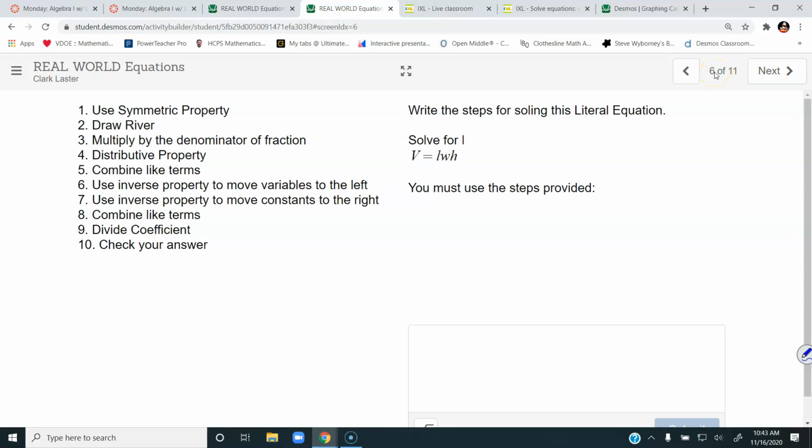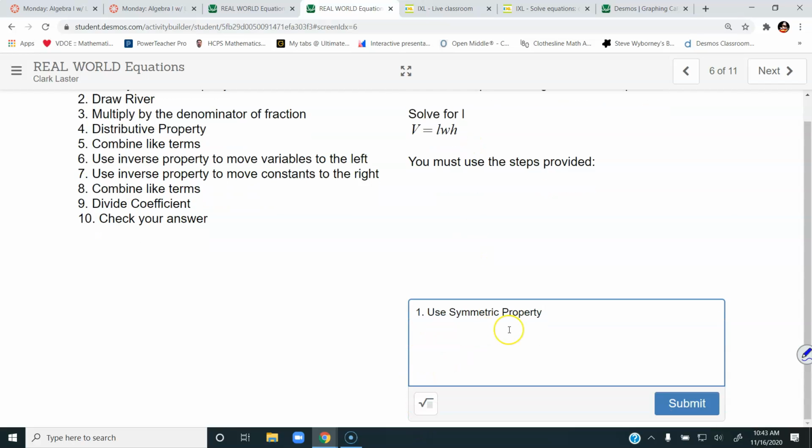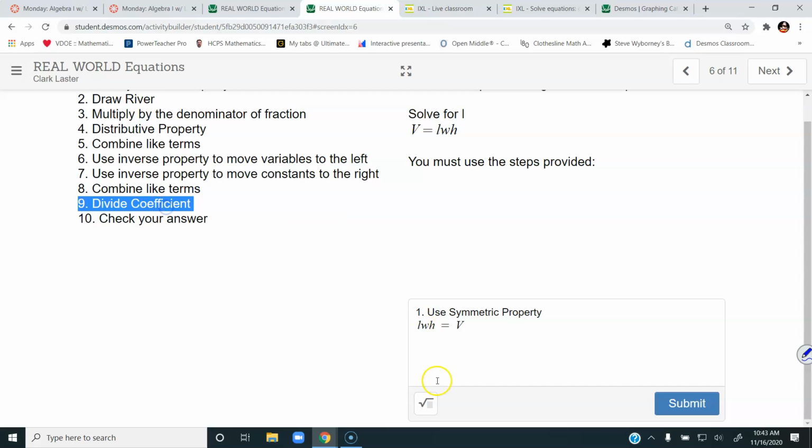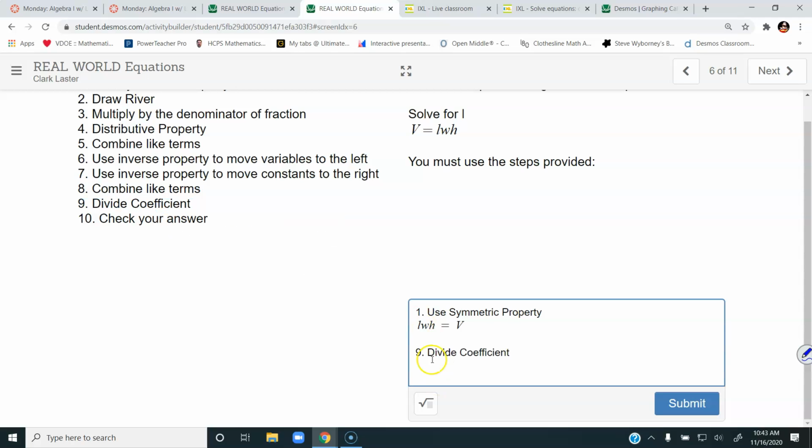Next problem says, how do I solve volume? LWH. So I'm going to use the symmetric property because I'm solving for L. I'm going to hit the formula, which is LWH is equal to V. All right. Now, the second thing I'm going to do is divide by the coefficient. And so the coefficient is any number that I want out of there.